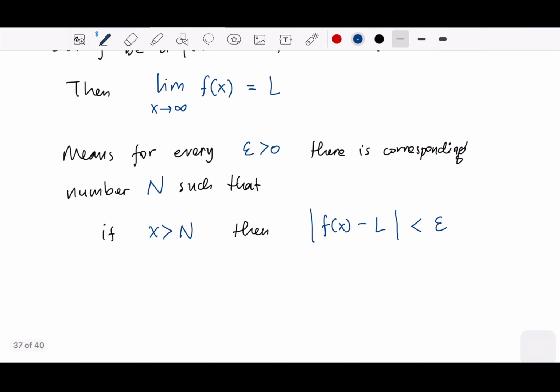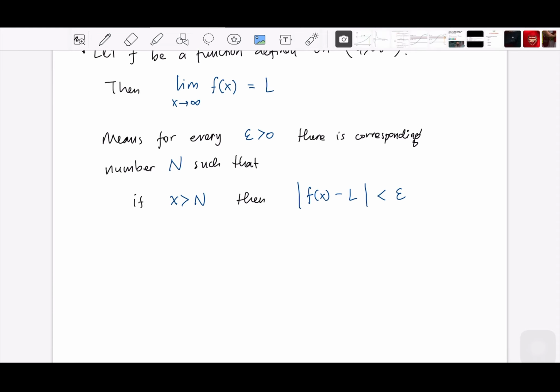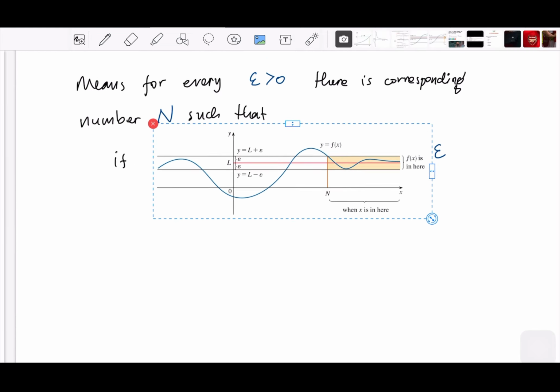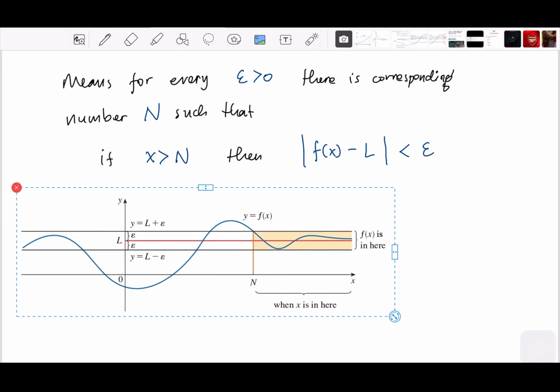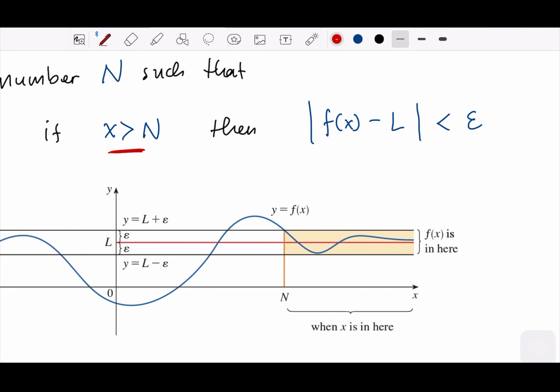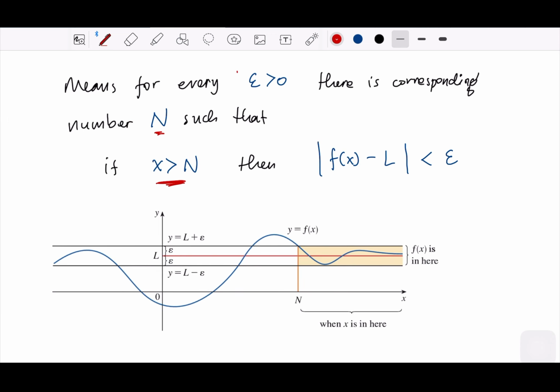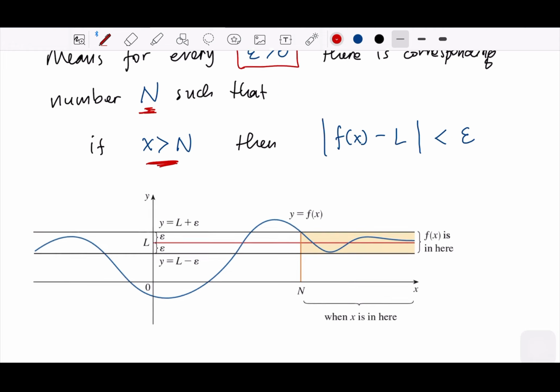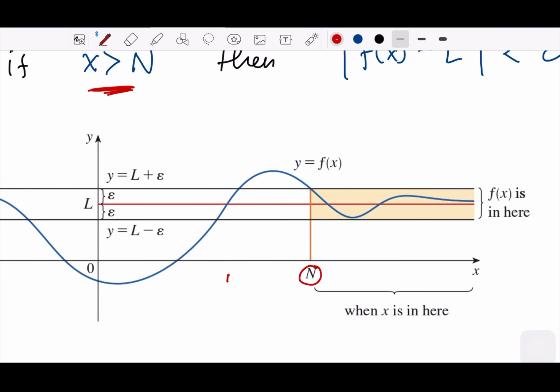So if we graph, let me put the graph that I have, the screenshot, for you. Now, what do this x greater than N and this N mean? For every epsilon positive, there will be some N. We can put N anywhere we would like, here, here, or for our illustration, let's put N greater and greater.